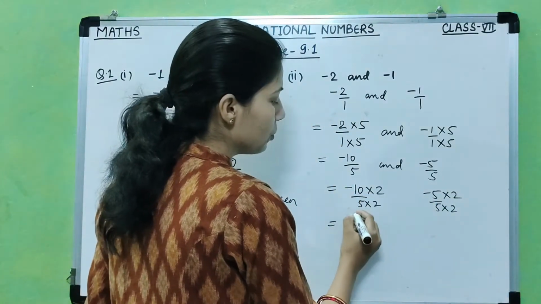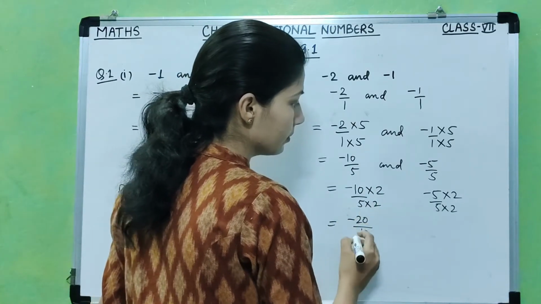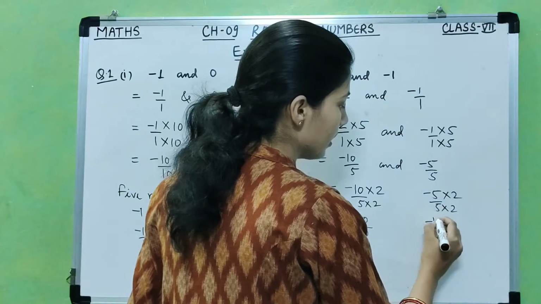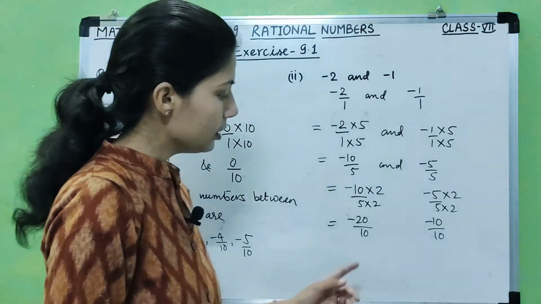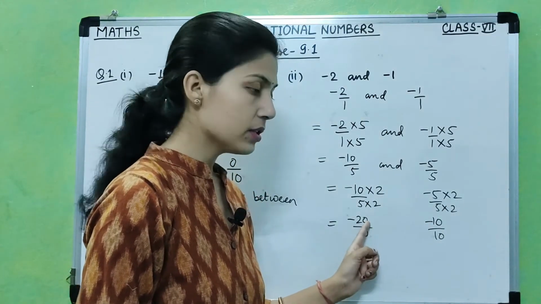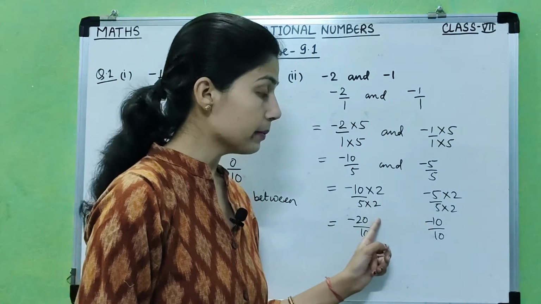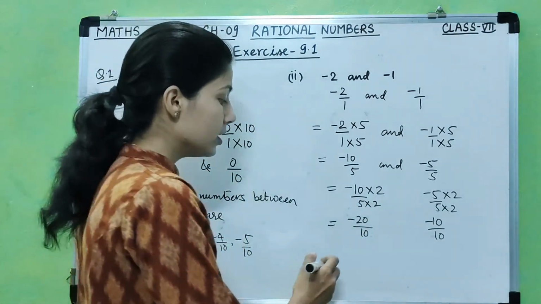so -10 into 2 is -20, 5 2s are 10, here -10 upon 10. Now you can see denominators are same and numerators are -10 and -20. So between -10 and -20 there are 9 integers.